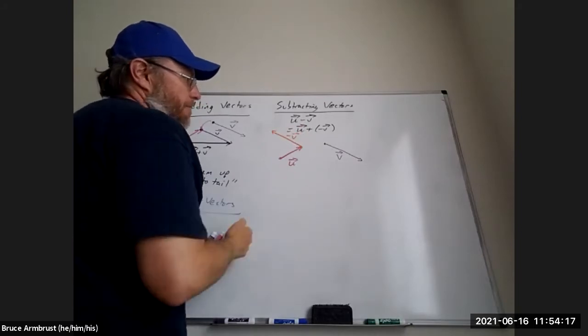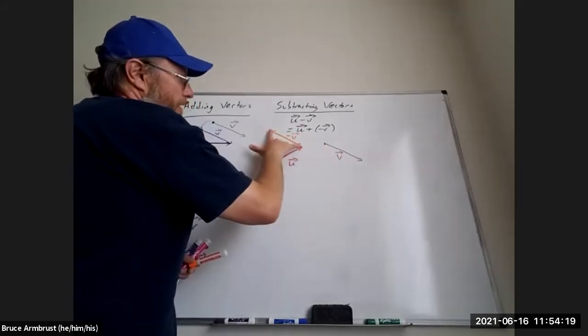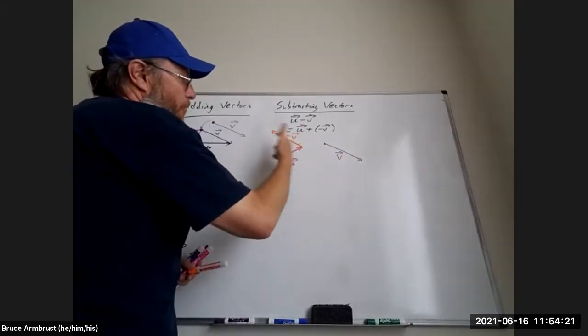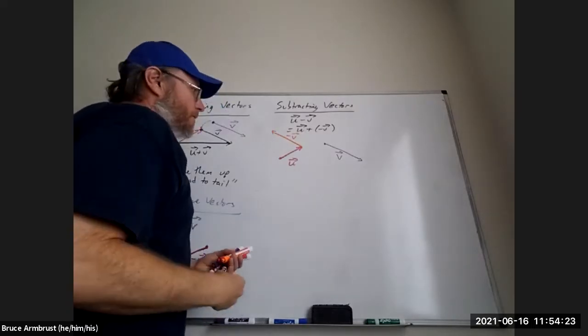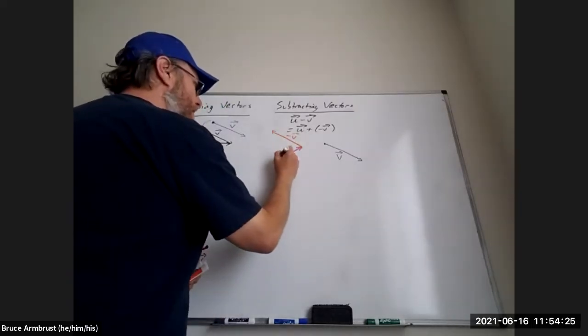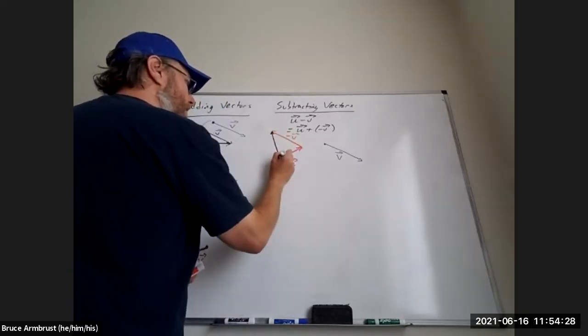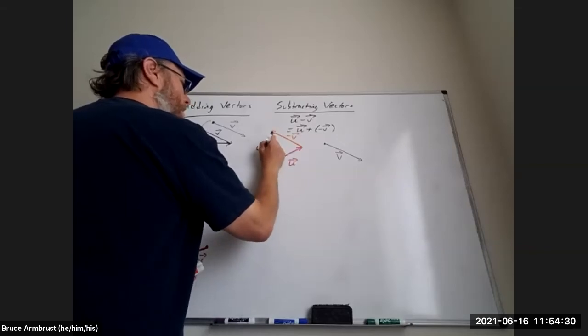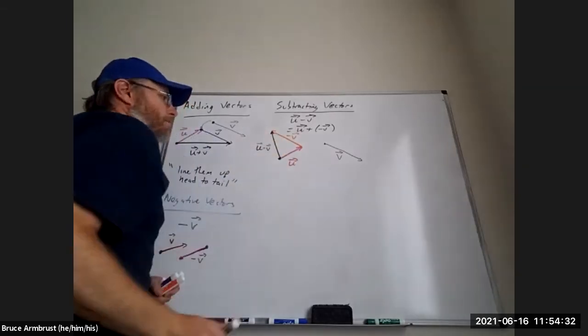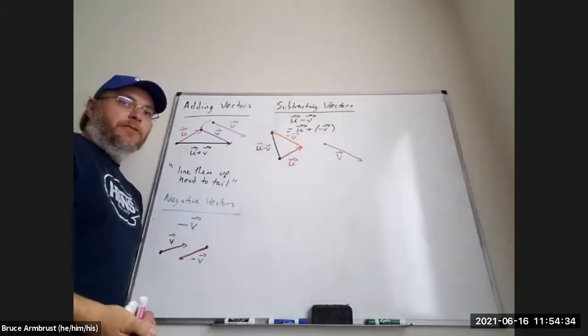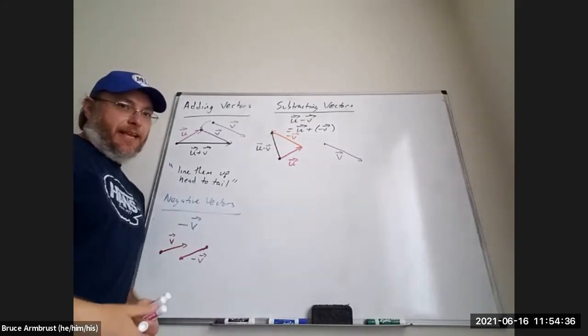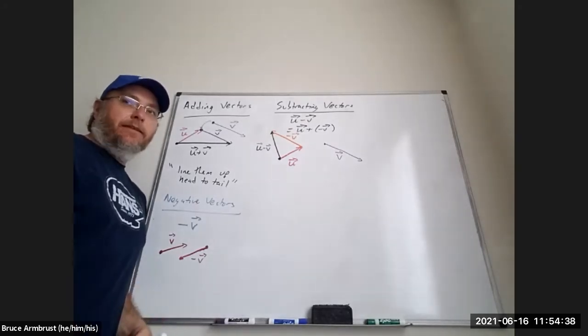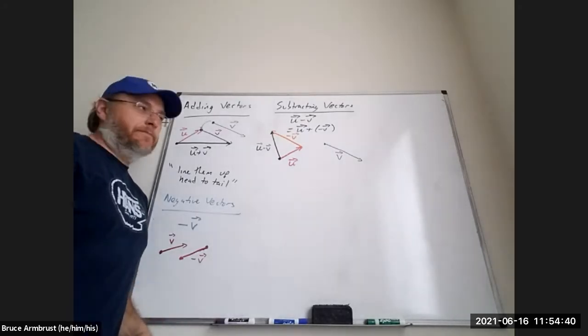So imagine I just took this purple guy and I moved it over here, pointed at the opposite direction. So then u minus v is this right here. So subtracting vectors is done the same way. It's just we're going to add negatives.